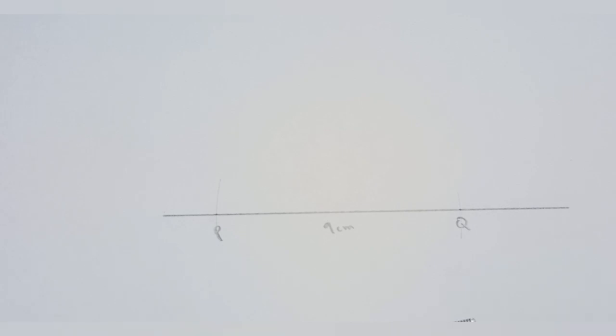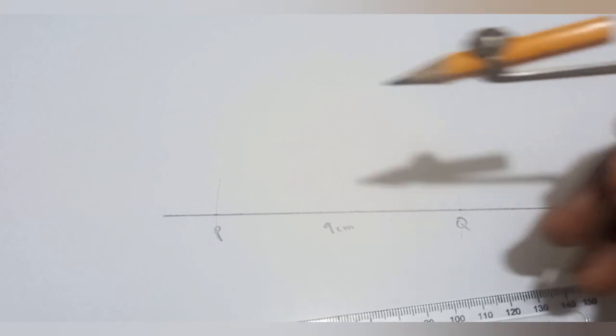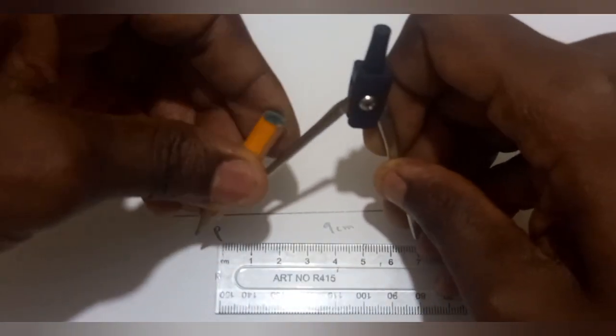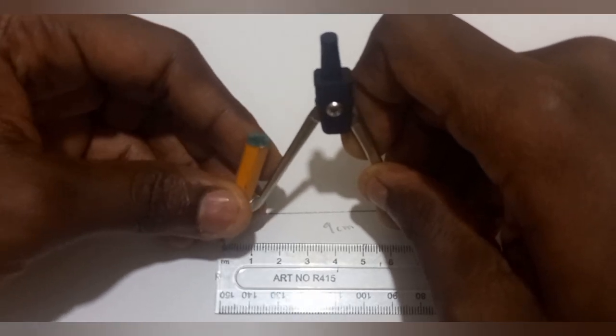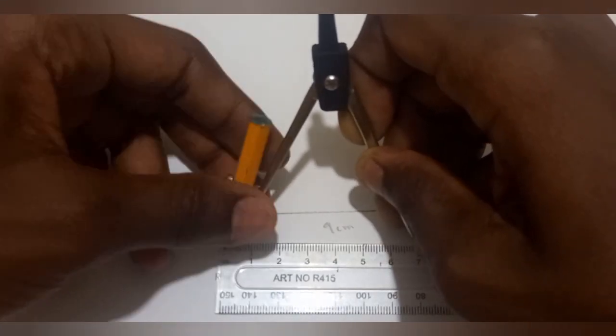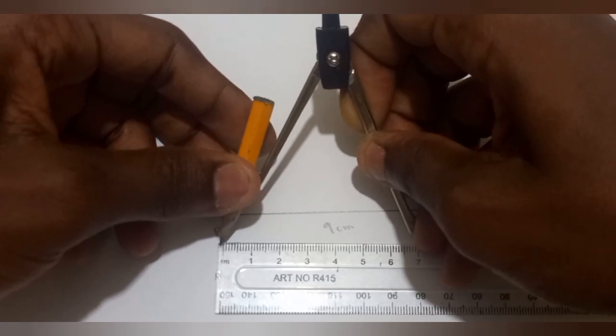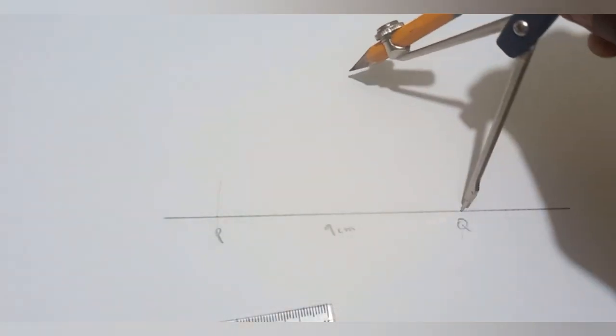So after this, we are given QR to be 7 centimeters. So you come here, pin at 7, get to the 0th mark. Pin at the Q, then you arc.